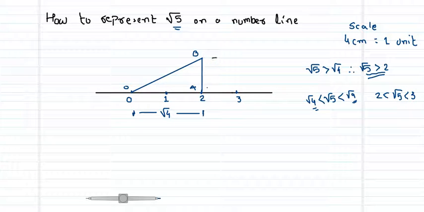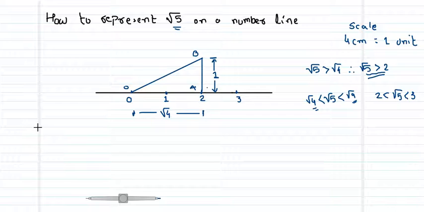The distance of AB is 1 unit. So what should be the distance of OB? Root 5. How? Let us prove it.